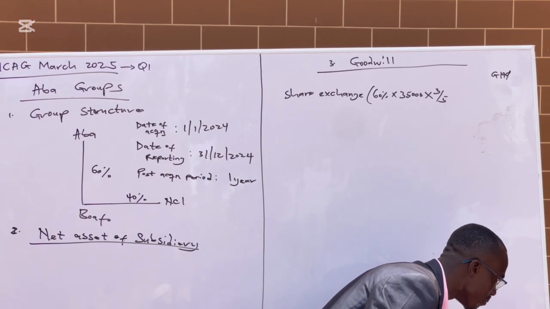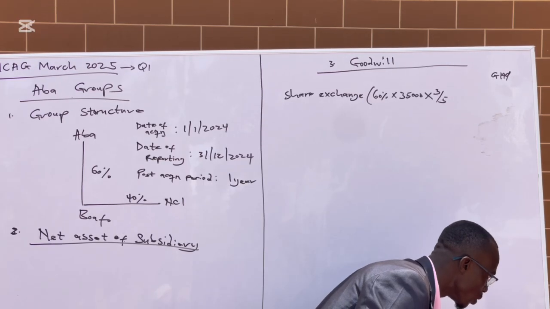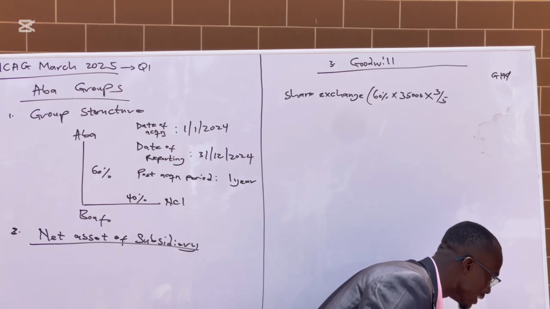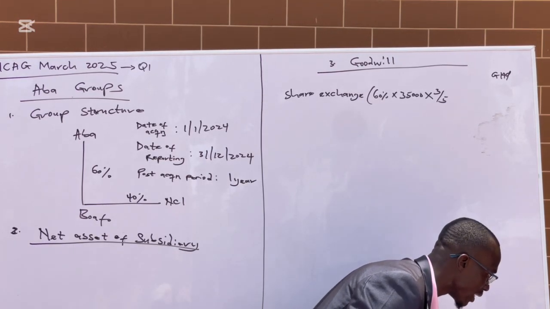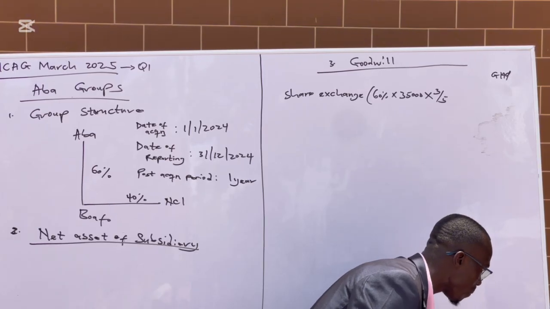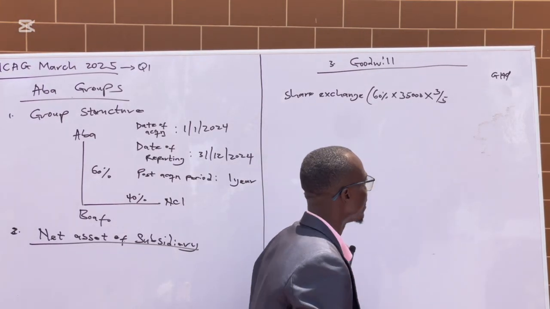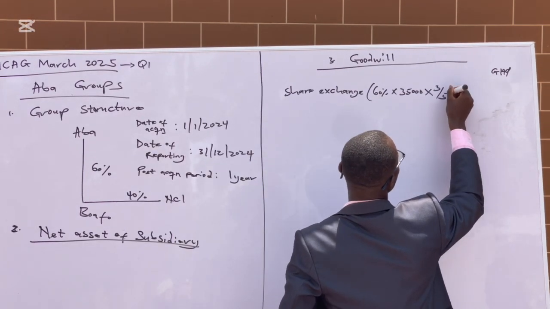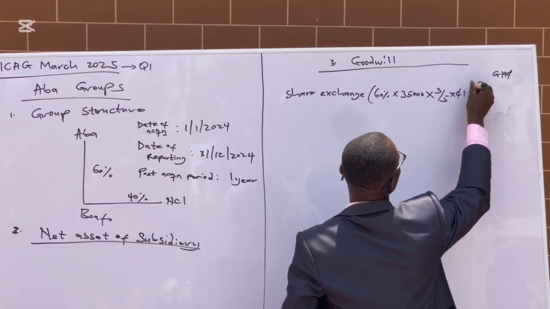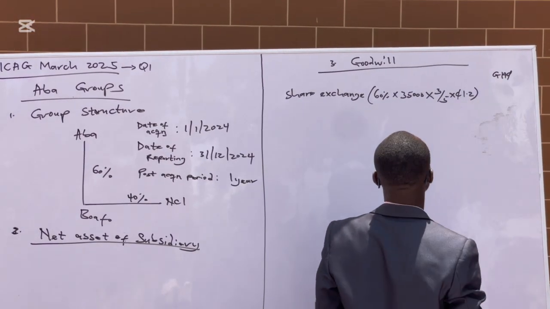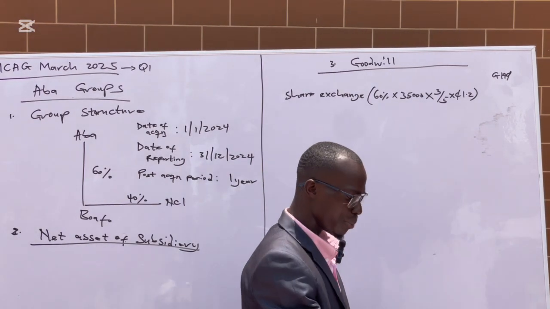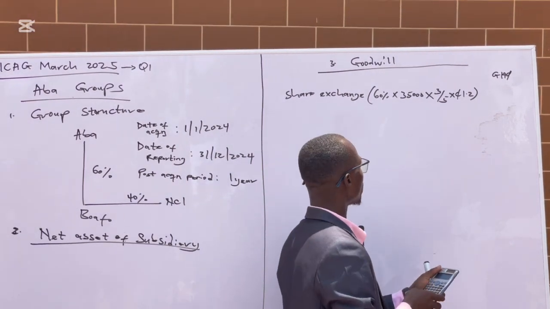In this question, there is also a cash consideration of 20.4 million on the date of acquisition. We will come to that after the share exchange. So the share price of ABBA at the date of acquisition was 1.2 Ghana cedis per share. So when you multiply it, it will give you the value of the shares that the parent issues.